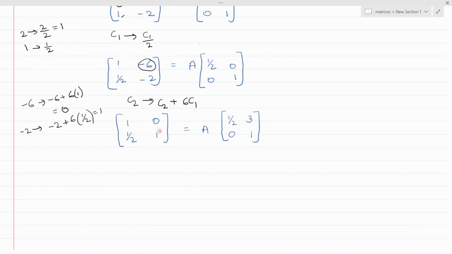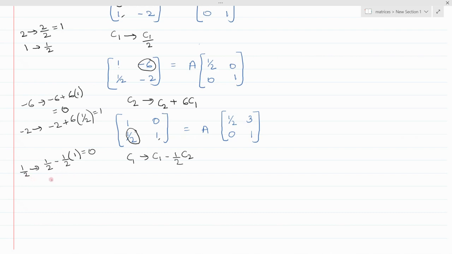Now our next step is to convert this to 1, but it is already 1. Next, we need to convert this half to 0. So how to do this? Column 1 changes to column 1 minus half into column 2. Because when we do this, half changes to half minus half into its corresponding column 2 element, that is 1. This one becomes 0.